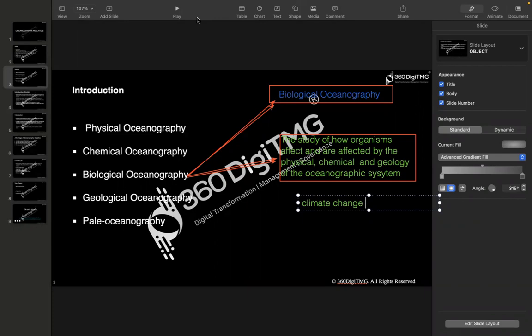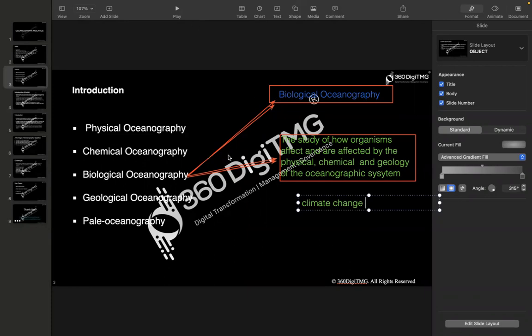So as we move on to geological oceanography and paleoceanography, we will discuss a use case.